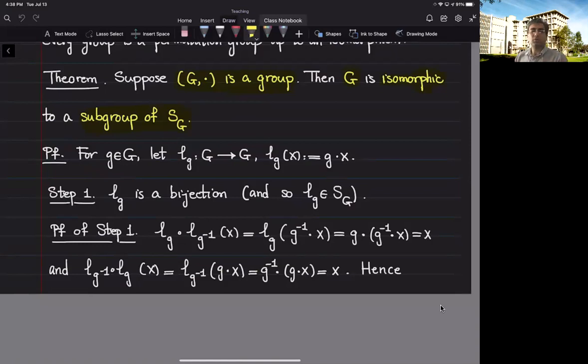So every finite group, as a particular case of this, can be realized as a subgroup of a finite symmetric group, because the cardinality of G would be finite. So here I give you a group G. I want to realize this as a subgroup of a symmetric group.